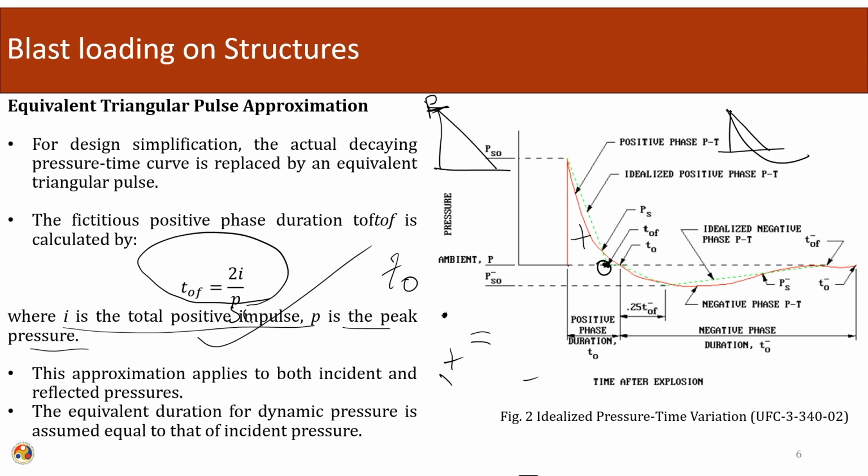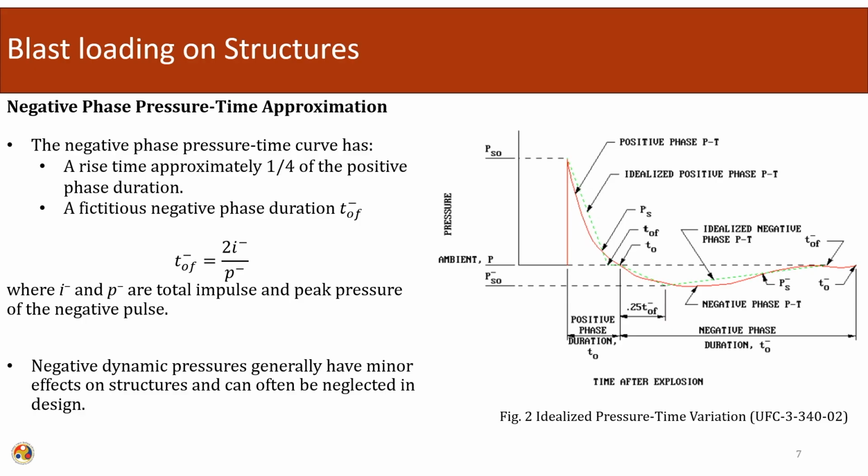Here this is P_so, it can also be P_r, and correspondingly I will be I_so or I_r. So, this is how the actual curve is translated into a triangular curve which will be used for design purposes. The same treatment is done for the negative phase.